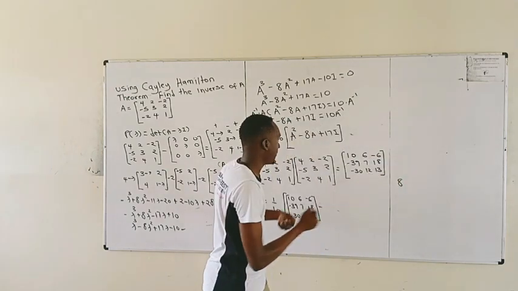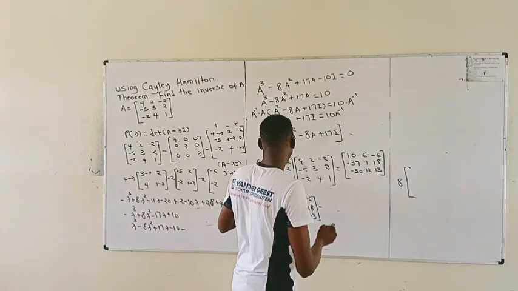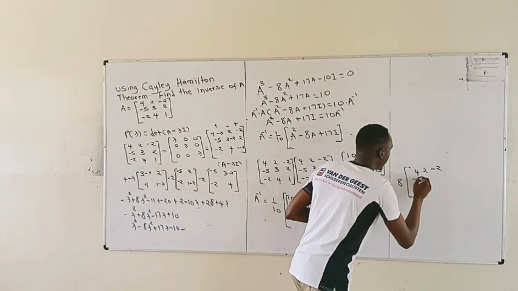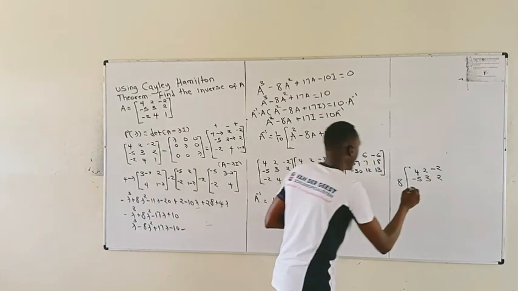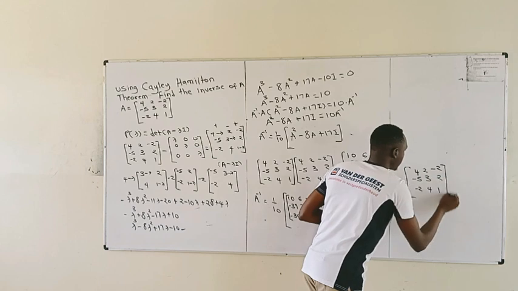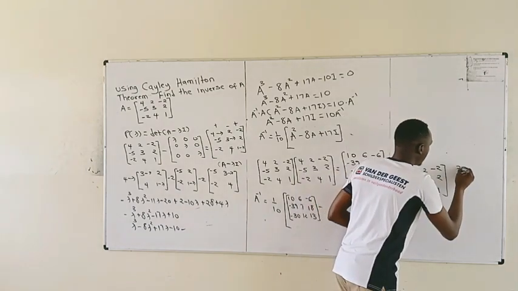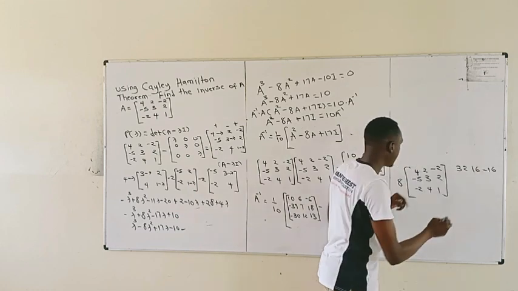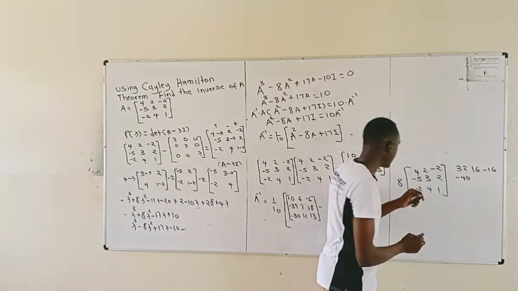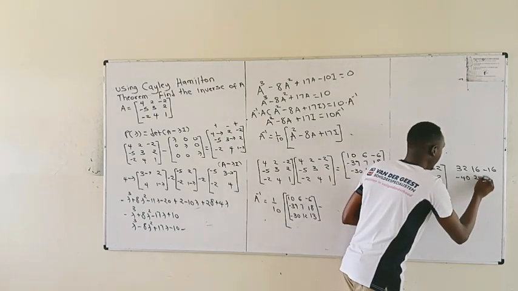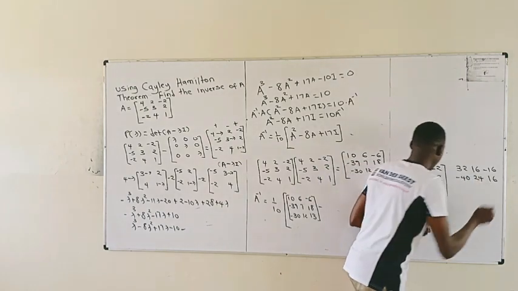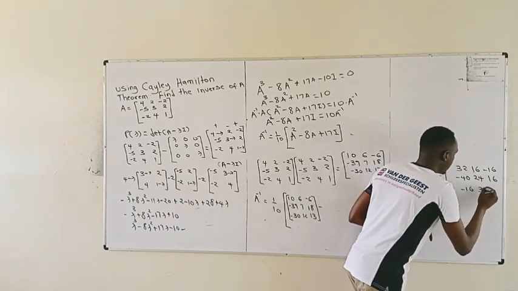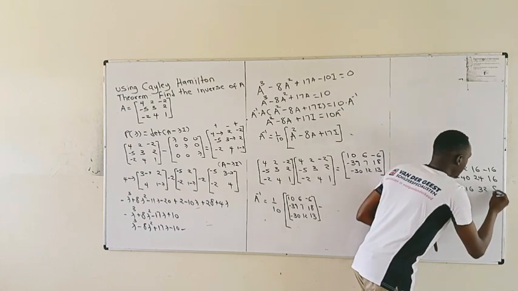We have 8 times A, which is 8 into matrix A, which is 4, 2, minus 2, negative 5, 3, 2, negative 2, 4, 1. 8 times 4 is 32. 8 times 2 is 16. 8 times minus 2 is minus 16. 8 times minus 5 is minus 40. 8 times 3 is 24. 8 times 2 is 16. 8 times minus 2 is minus 16. 8 times 4 is 32. And 8 times 1 is 8.